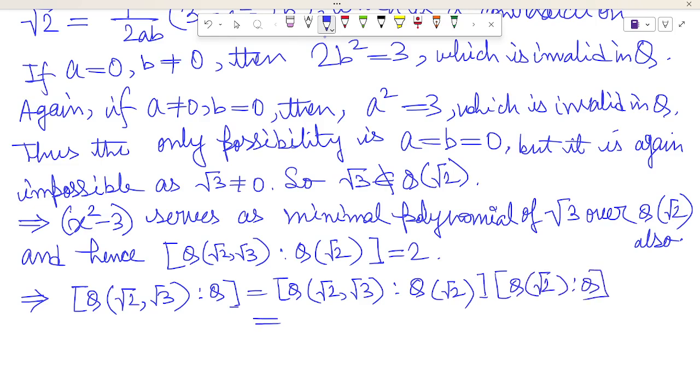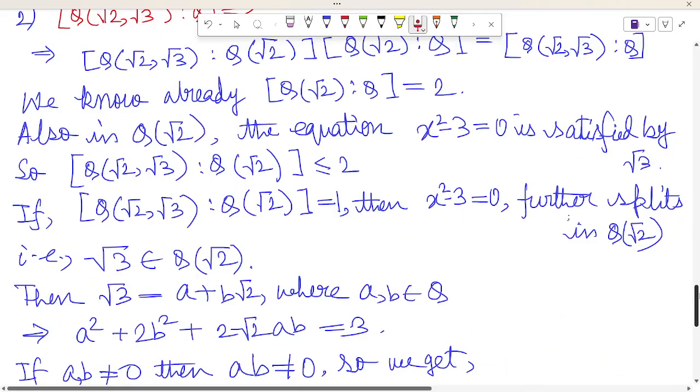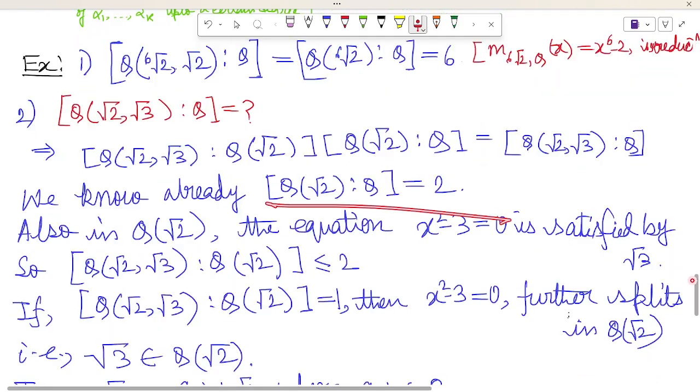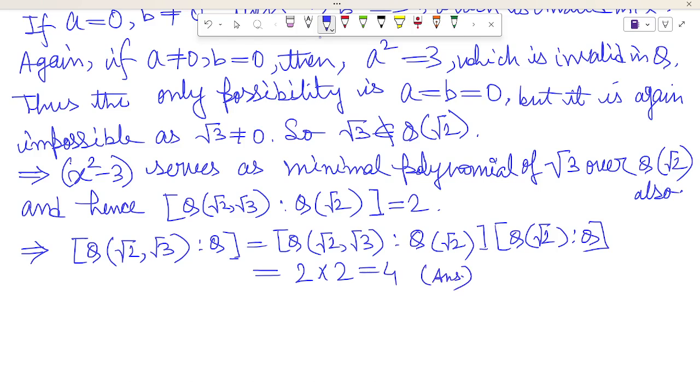This is now 2, and at the first we mentioned this is 2. So ultimately 4 equals 2 cross 2. That is the answer. Another way you can try, another way to try.